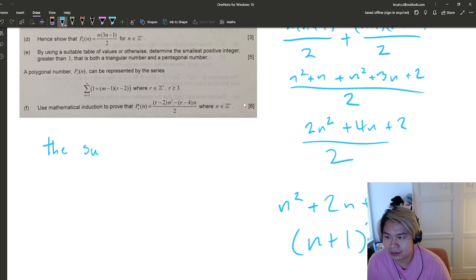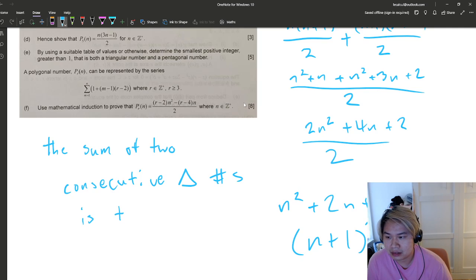The sum of two consecutive triangular numbers is the square of the... I don't know what they're really looking for here.